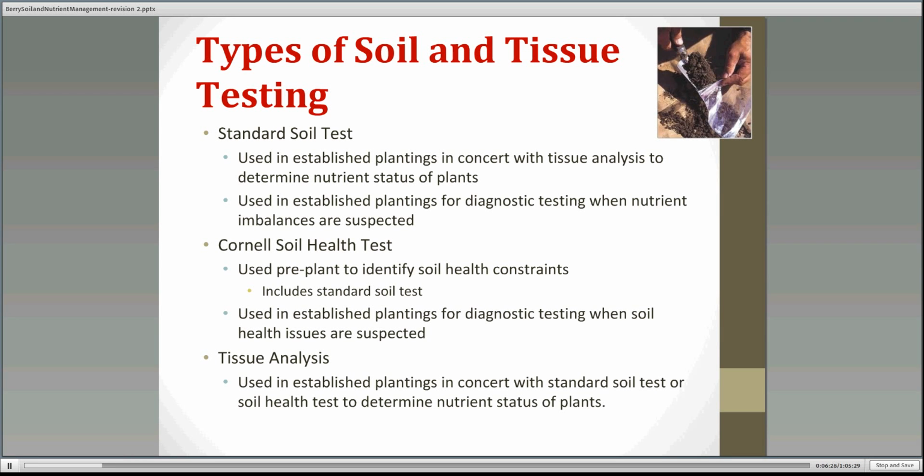Each lab has their own setup, their own procedures, their own material used to leach out nutrients, and measurements are taken on the quantity of those nutrients that are then reported back to the growers.